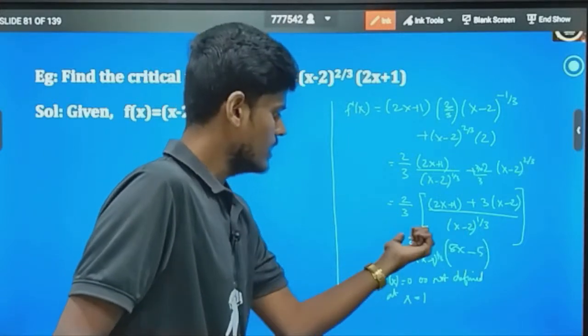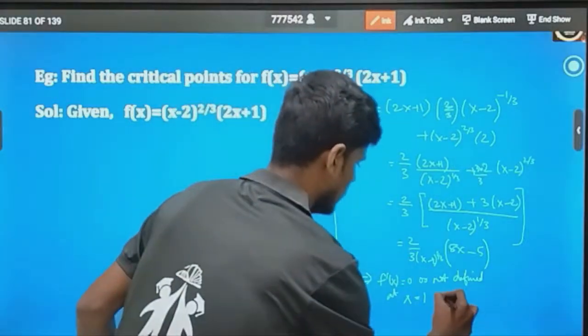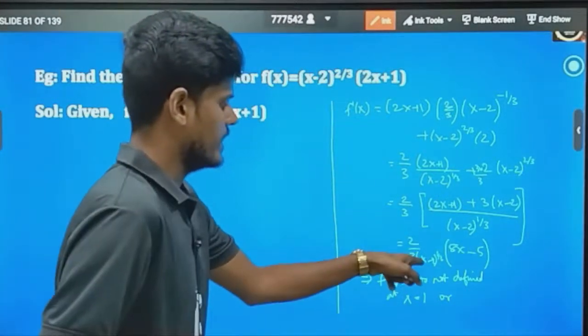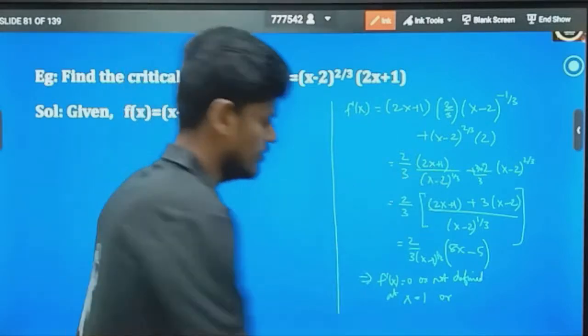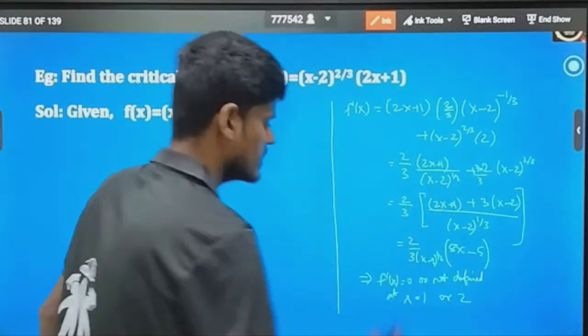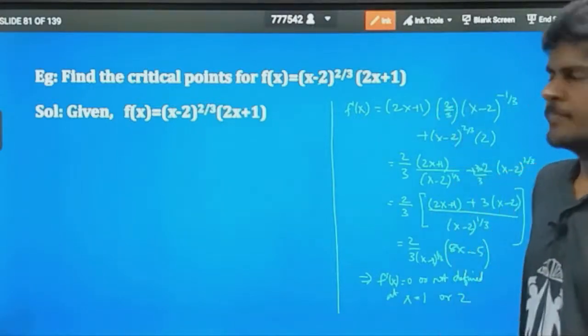So when x is equal to 1, this numerator becomes 0, so f dash of x is 0. Or not defined, when x is equal to 2, the denominator becomes 0, that means f dash of x is undefined. So what are the points? When x is equal to 1 or 2. These are the critical points.